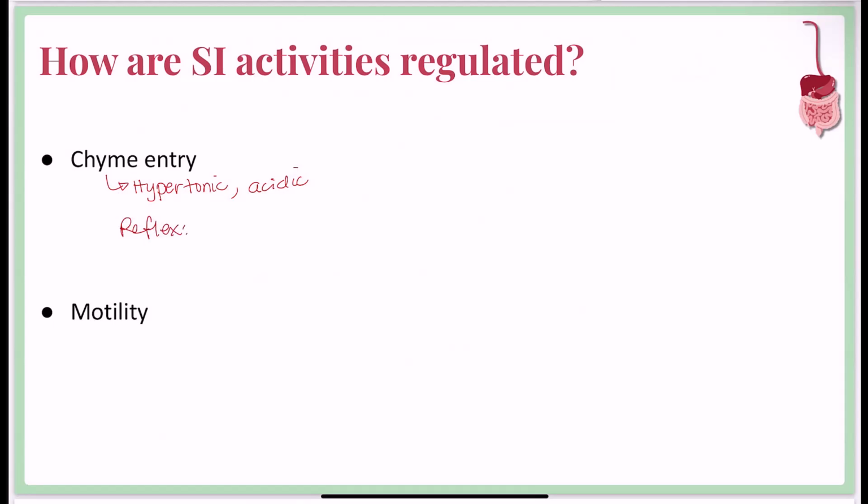It's called the enterogastric reflex, which makes sure that the duodenum, the first portion of the small intestine, isn't overloaded with too much chyme at any one time.